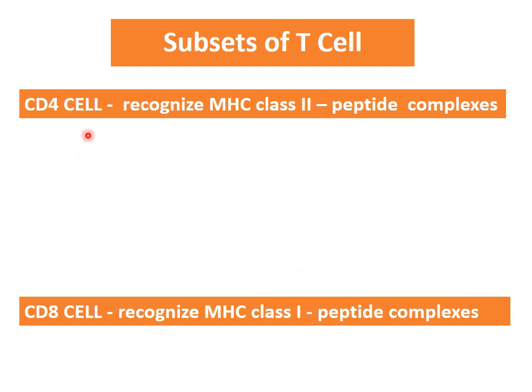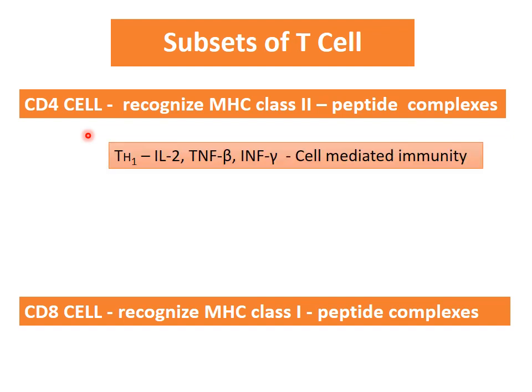CD4 cell is also known as the helper T cell. There are various subtypes of the helper cell. The first is T helper cell 1, TH1. On activation, TH1 releases interleukin 2, tumor necrosis factor beta and interferon gamma, and this cell is involved in cell mediated immunity.